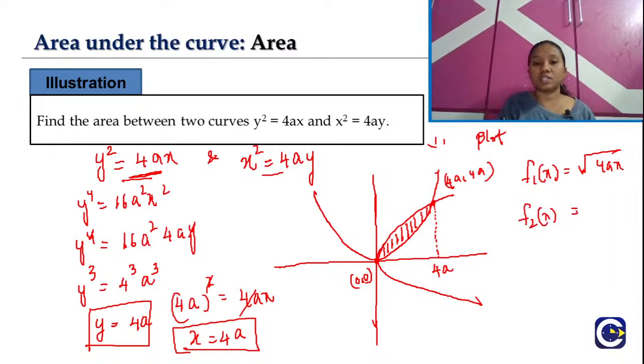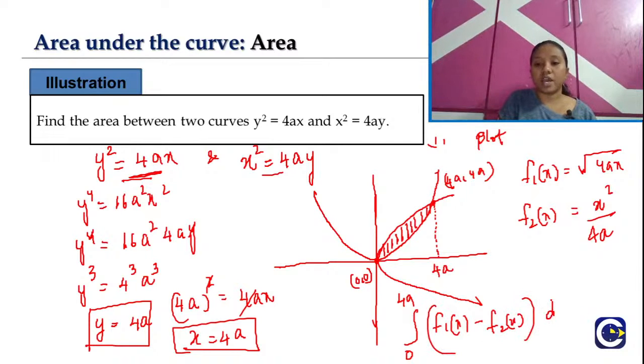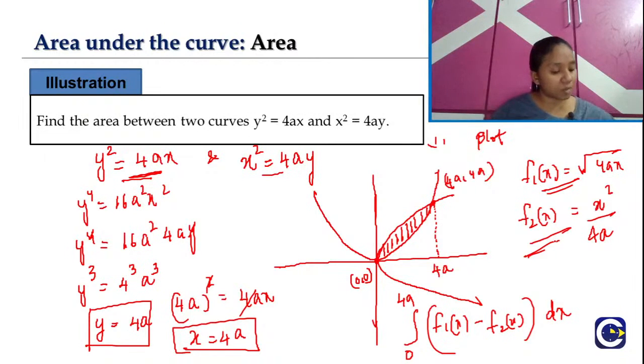In terms of x we have to write it, so f2(x) is x square by 4a. Now our upper curve is f1(x), so the area will be the integration with limits 0 to 4a of f1(x) minus f2(x) dx. We already know the f1(x) function and the f2(x) function, so quickly substitute and do the integration. That is our definite integration part here.